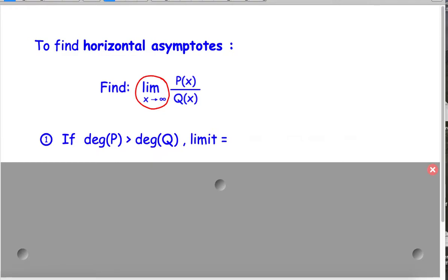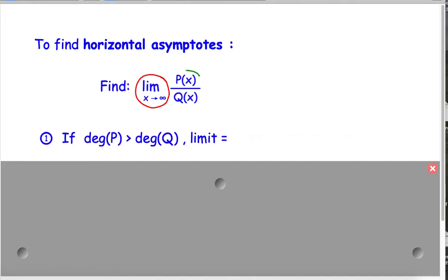So, there's three possibilities. We need to look at the degree of p of x and the degree of q of x. That means the highest power of your variable in the numerator and the denominator. Now, if the degree in the numerator, the p of x, is greater than the degree in the denominator, for example, let's say we had an x cubed plus 2x, blah, blah, blah, and in the denominator we had an x squared minus 7x plus 4, whatever.